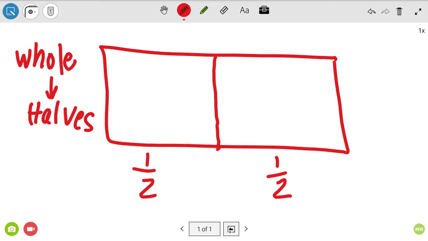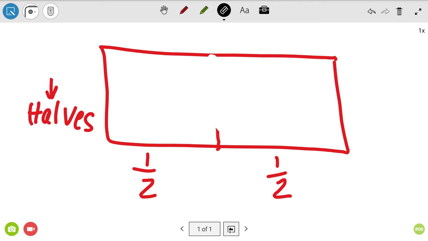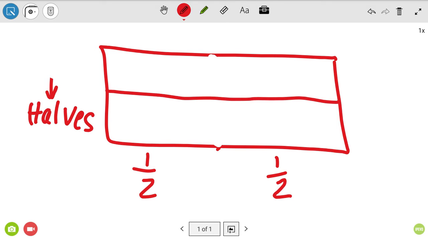Okay, I've partitioned this shape. Now you can also partition the whole into halves by cutting it sideways like this. So I could equally cut it like this. And then the top part would be a half and the bottom part would be a half. Okay?